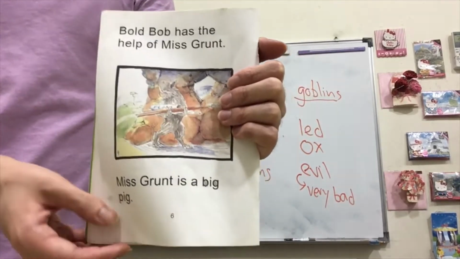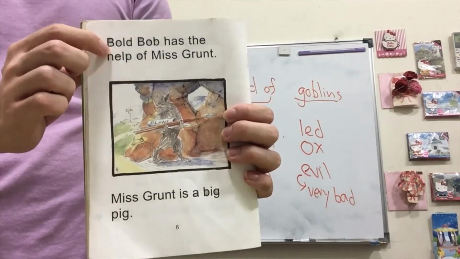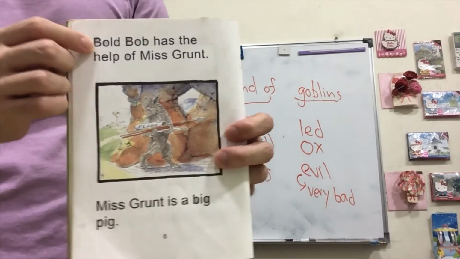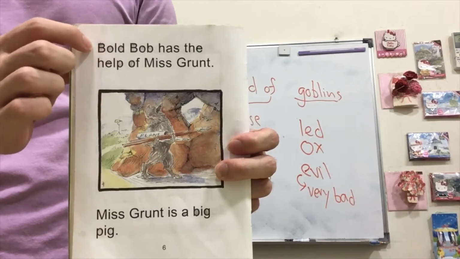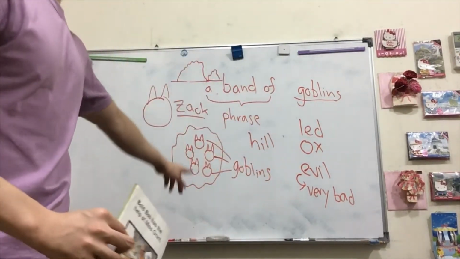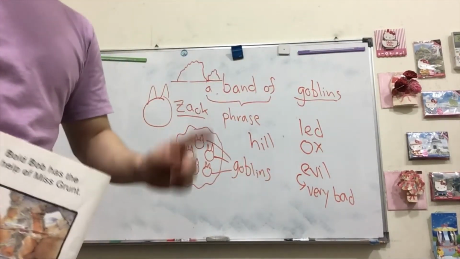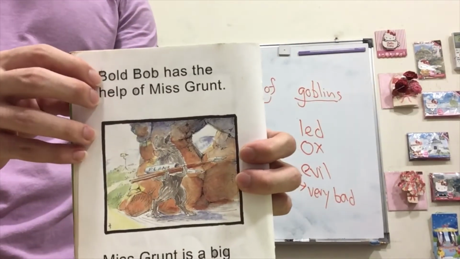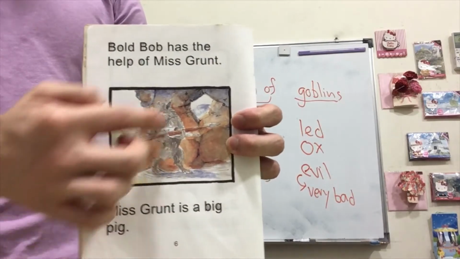Alright? So just now we mentioned the elf is the Bold Bob, right? And of course, if the elf wants to stop the goblins, he alone is not enough, because we only have one elf, but we have many goblins.